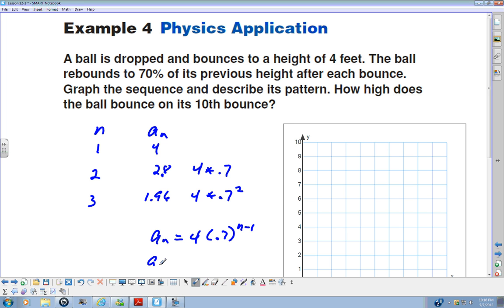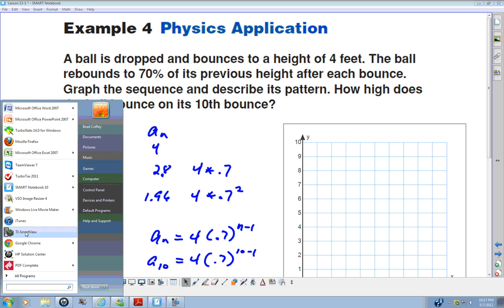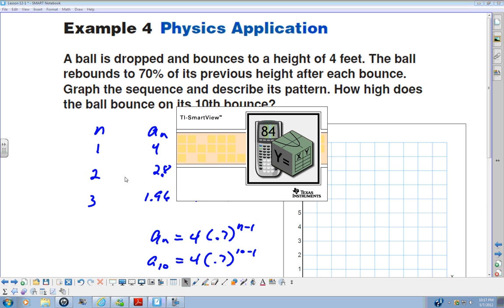So to find the 10th term, I could write that as a sub 10, I would do 4 times 0.7 raised to the power of 10 minus 1. So if I pull out my calculator, let's see, here we go.